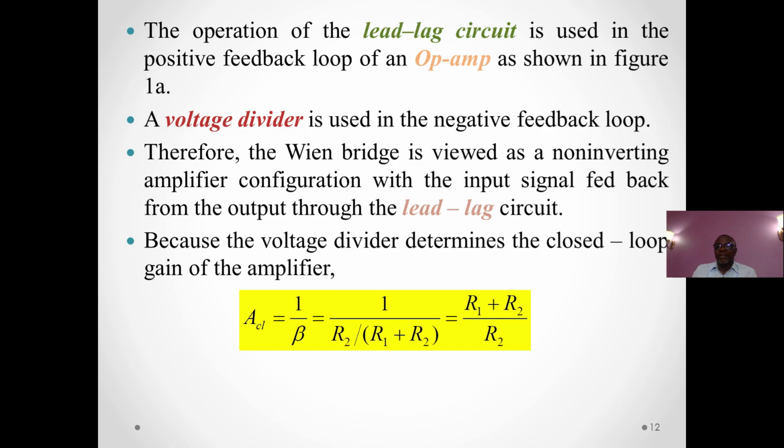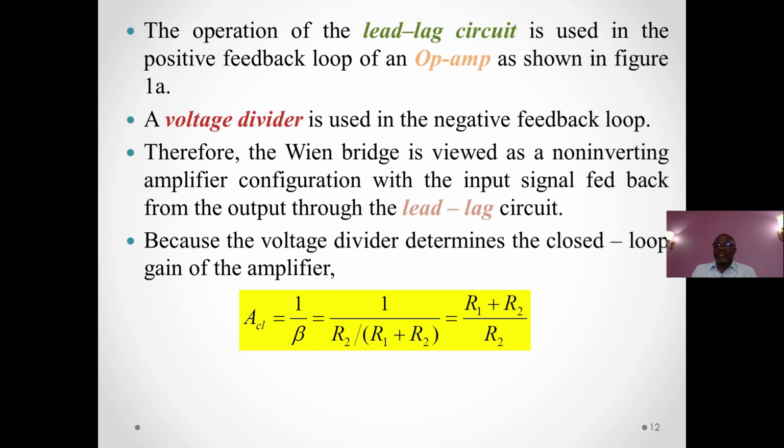As we go on, you will get to know these terms more, because in our subsequent lectures we may be treating operational amplifiers. So a voltage divider circuit is used in the negative feedback loop, that is, the connection to the negative input of the operational amplifier.